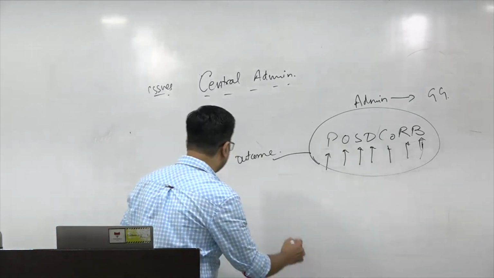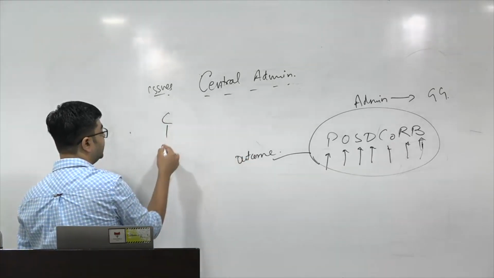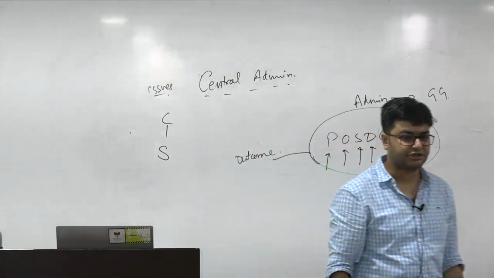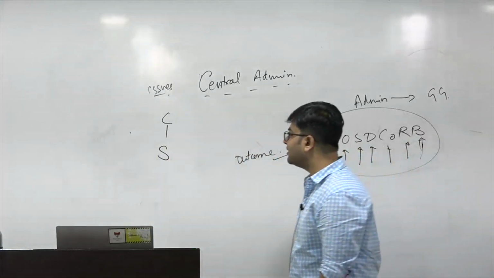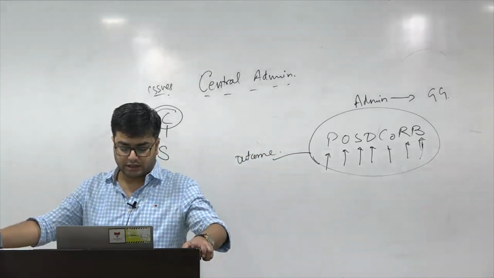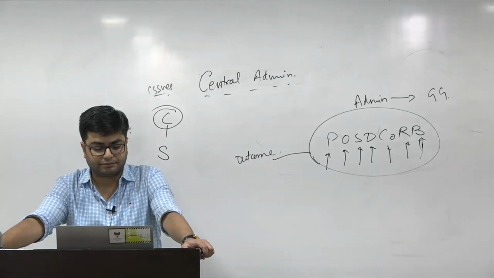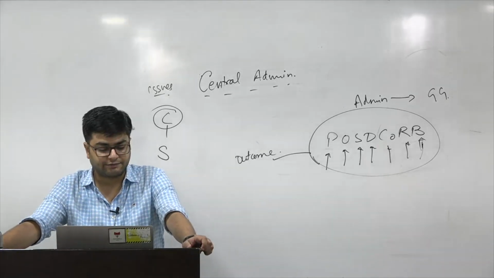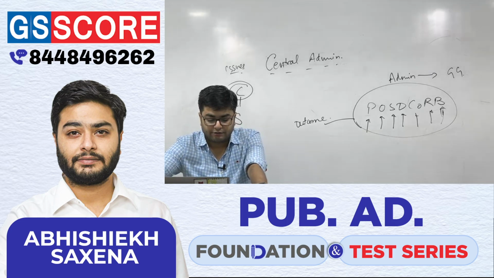Whenever we look at center-state relations, it has more often than not been alleged that the federal system is more biased towards the center. Often it is said that India is largely a unitary state with some federal features.